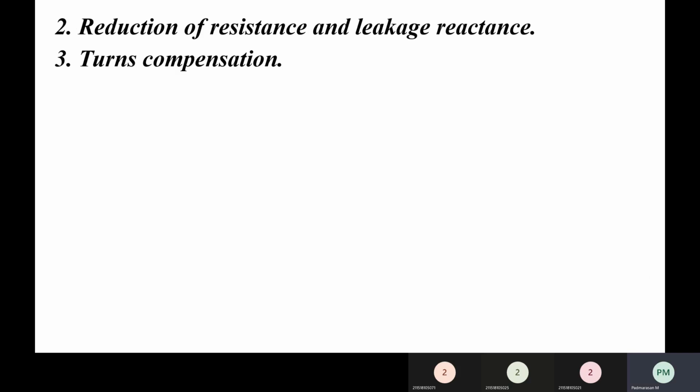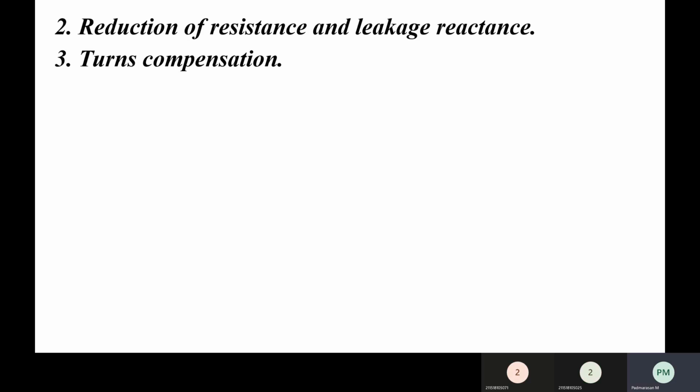So in that first one, from the equations of ratio and phase angle errors, the errors depend on Im and Iw, which are the components of I naught. So these components can be reduced. That is, Im and Iw can be reduced, first, by using materials of high permeability.